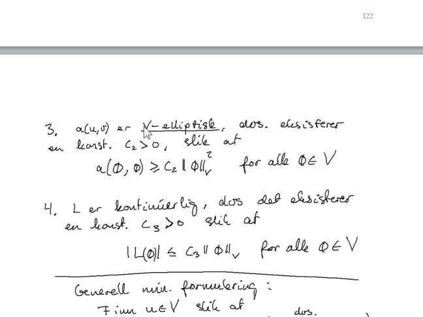So this being V elliptic means that there exists a constant C2 larger than 0, such that the bilinear form of any function phi in this Hilbert space with itself is larger than or equal to the constant C2 times the square of the norm of phi.